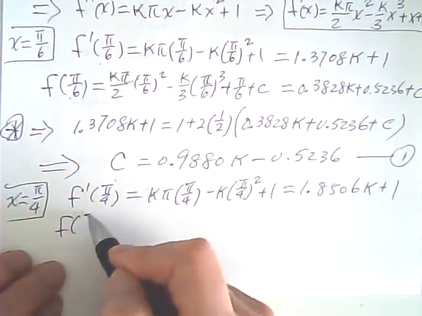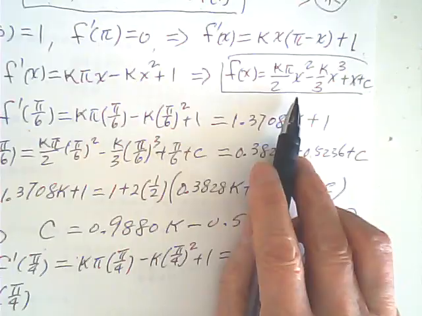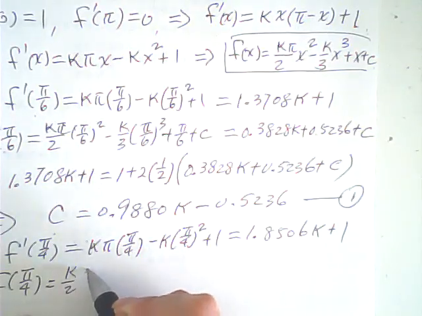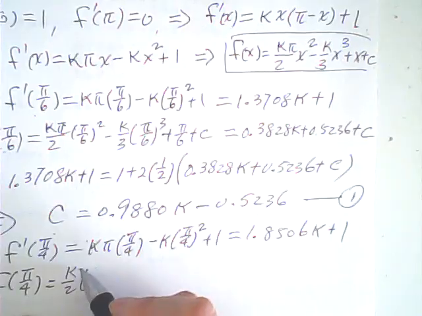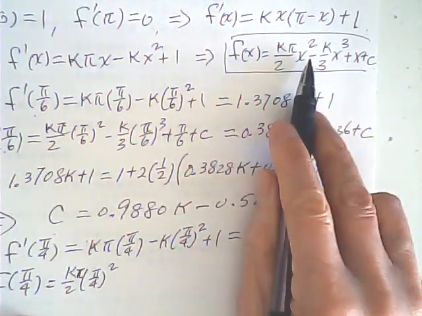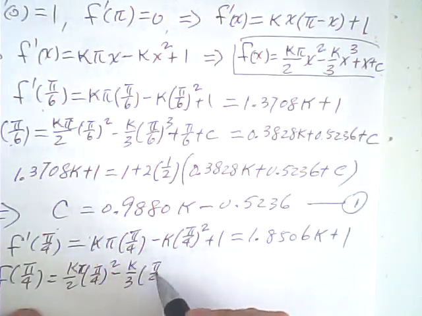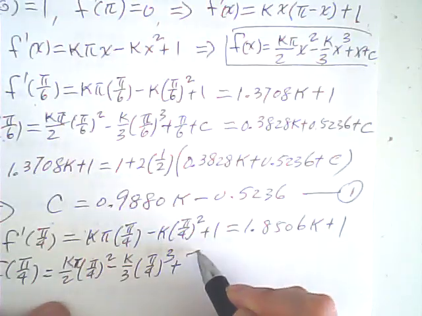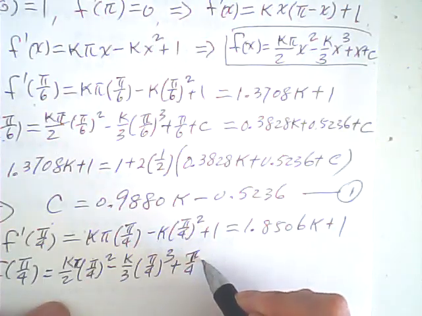Then we also plug quarter pi into f of x, into this one. So this one is equal to k over 2 pi, pi over 4 squared, minus k over 3 pi over 4 cubed, and plus k over 4 pi over 4 plus c.